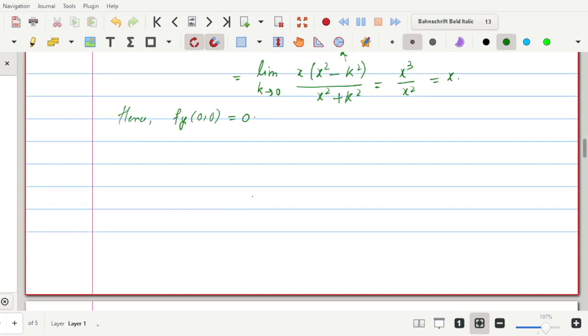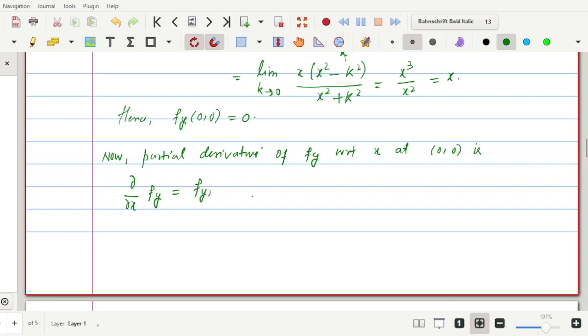Now let's evaluate the second order partial derivatives. So now the partial derivative of fy with respect to x at (0, 0). This is with respect to x, so we can denote it by del x of fy, which we can actually write as fyx at (0, 0), which is defined as limit.